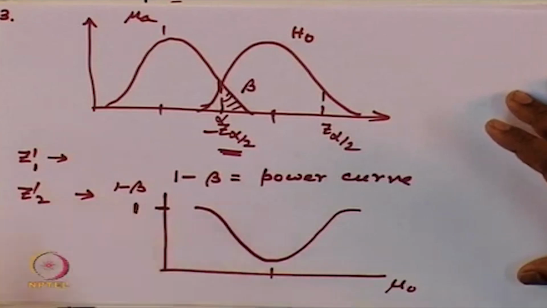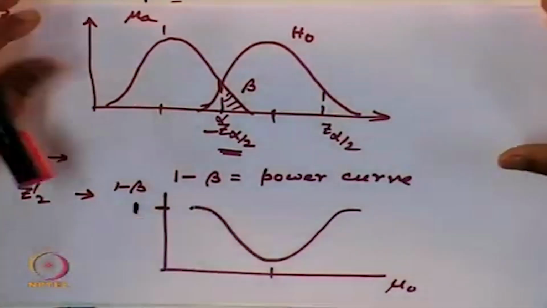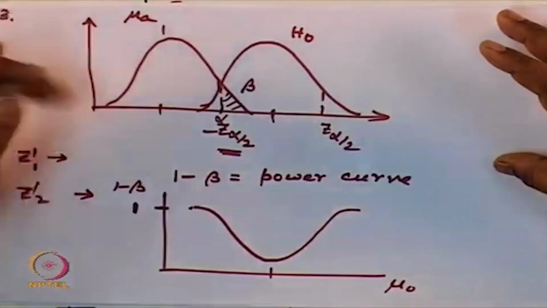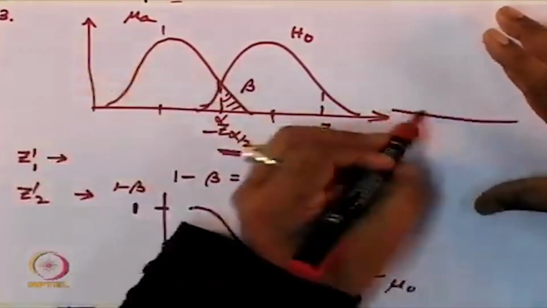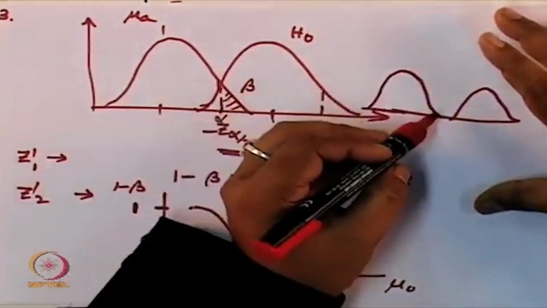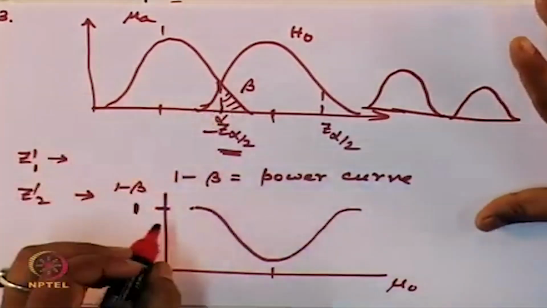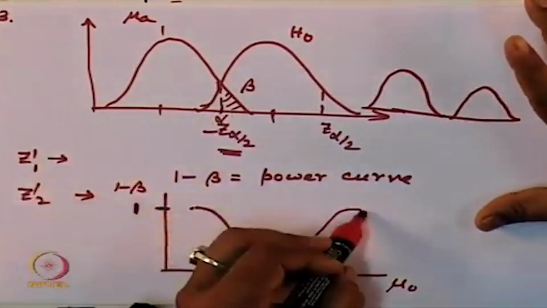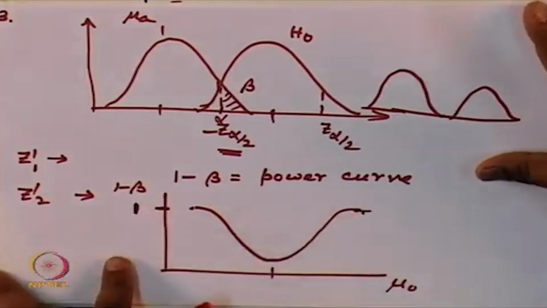Why? Because when mu is far from this value, it is unlikely that you will make this mistake. Your beta will be 0. If your curves are separated from each other, then you will get a value of beta equal to 0, and then 1 minus beta will approach 1. So, at the two endpoints, this 1 minus beta curve approaches 1.